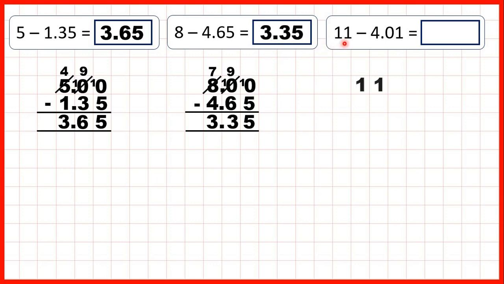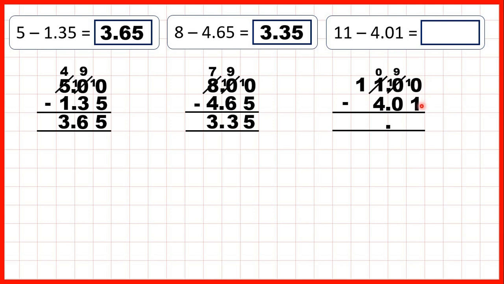Now we have 11 minus 4.01. 11 is the same as 11.00. So now we copy the decimal point down into our answer. Again, we can't do 0 minus 1, and we can't exchange with the tenths, but we can exchange our 1 for 10 tenths, and then we can exchange one of our tenths for 10 hundredths.